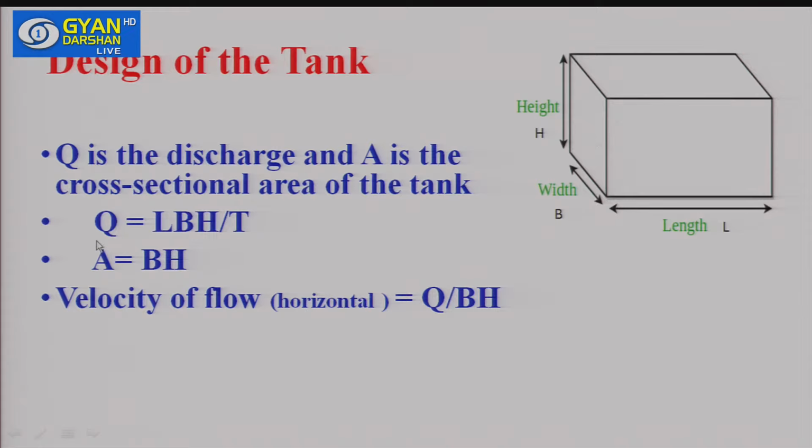So discharge Q will be L into B into H upon T. The area of flow of this face is B into H, through which it is flowing. So the velocity of flow, the horizontal velocity I am talking about, will be discharge Q upon the area, because discharge upon area is the velocity.